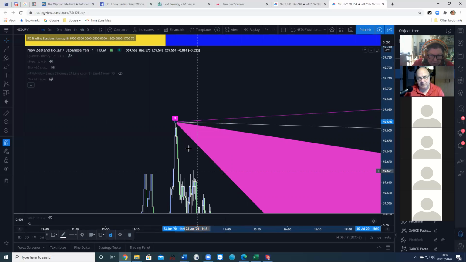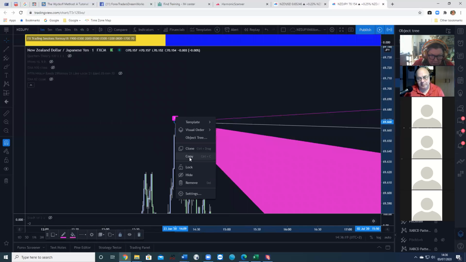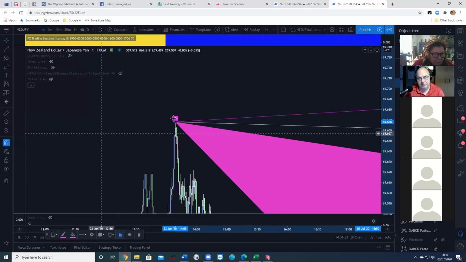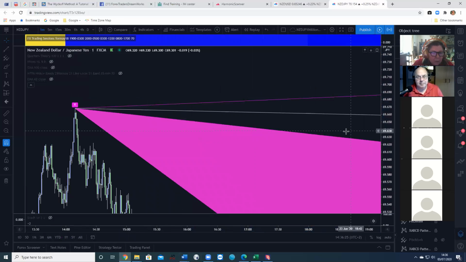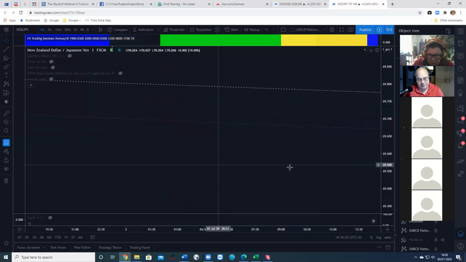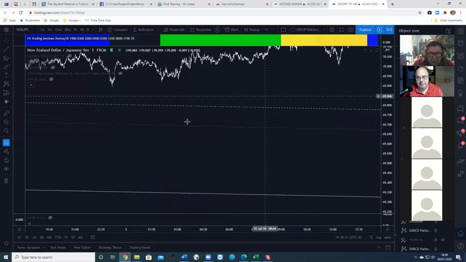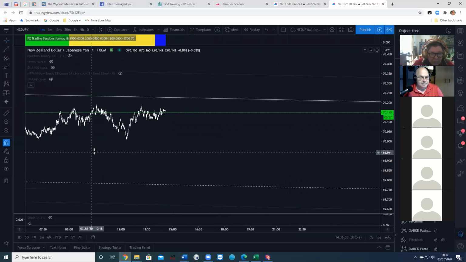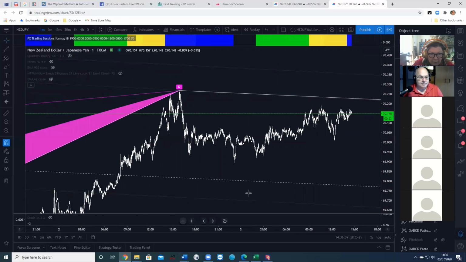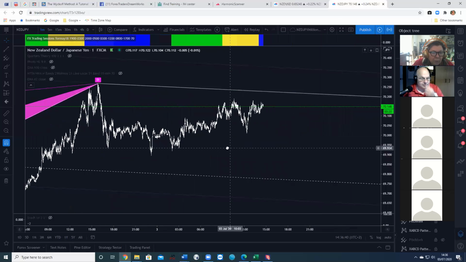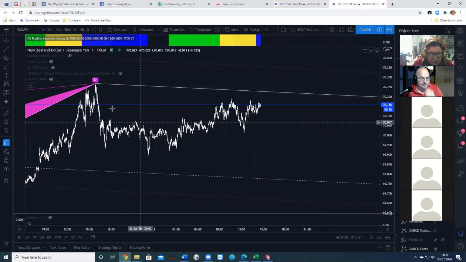Now, lock them on, then you can't make a mistake and glitch your pitchfork, and then we're good to go. So we'll just come and have a look at this setup up here. So similar one to the NZD USD.